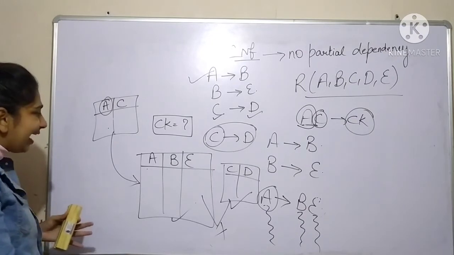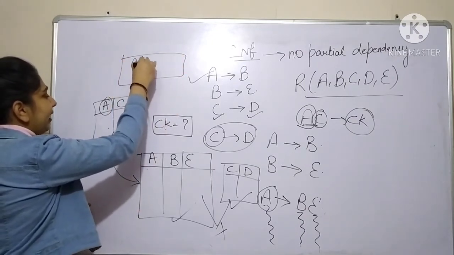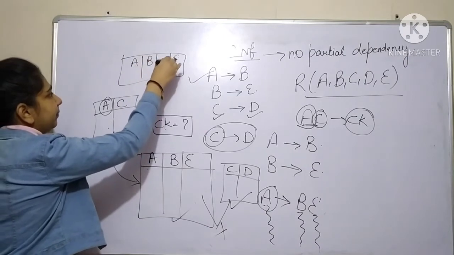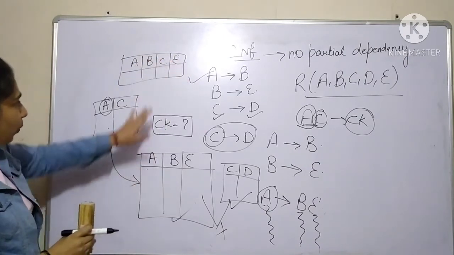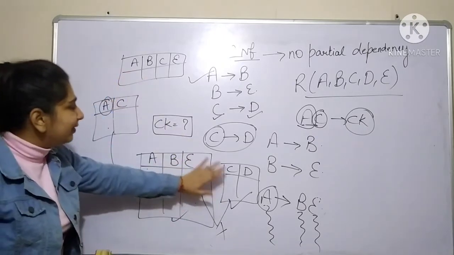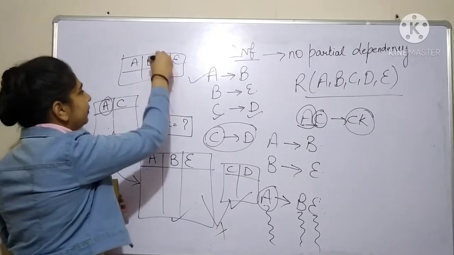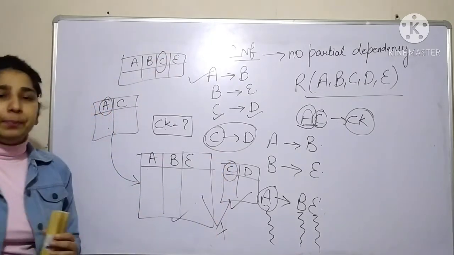Okay, then which attributes will we be getting in our relation after joining: A, B, C, E. Now we have this relation and this relation. If we have to join these two relations, we will be joining them with the help of this common attribute.